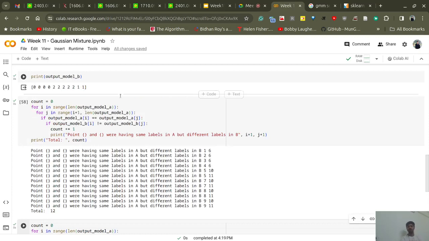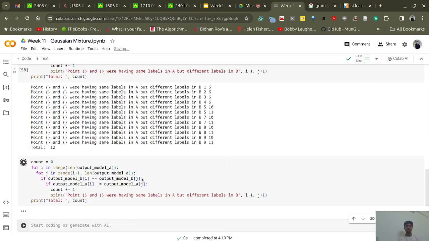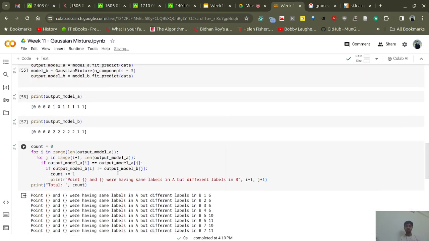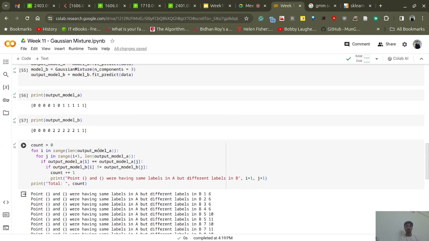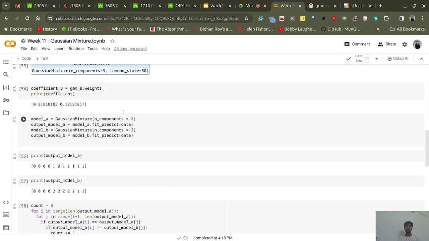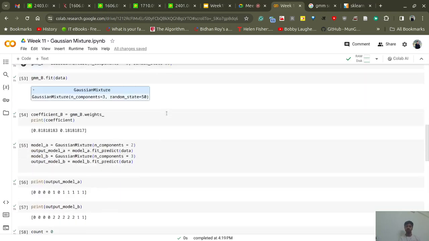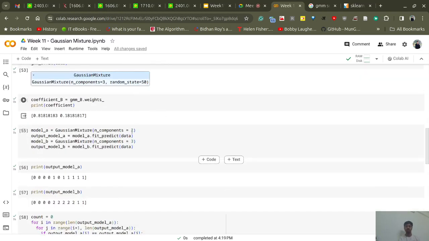Okay, so initially it was 20, now it is 12. How is it happening? Because we haven't mentioned any random state, so every time it is getting initialized randomly, so that is how it is changing.